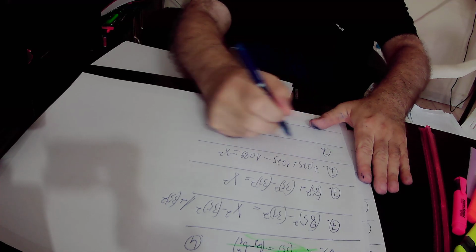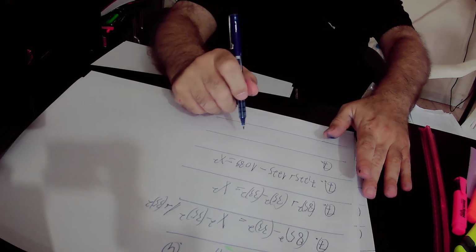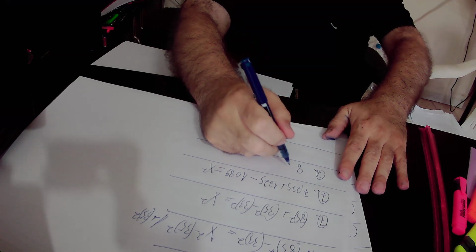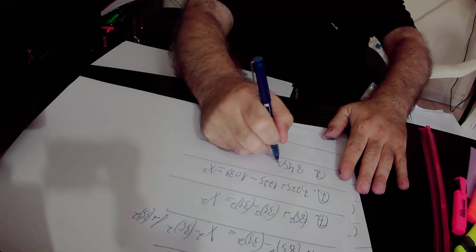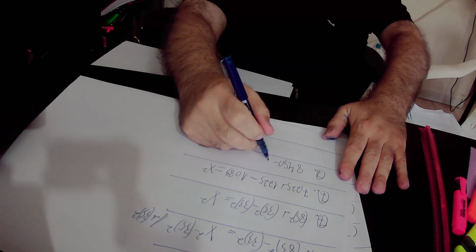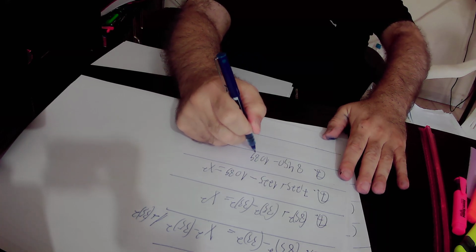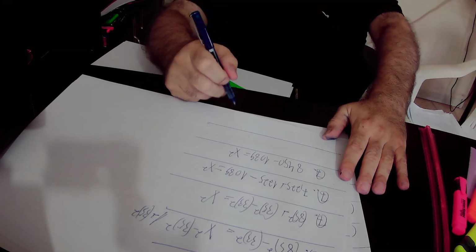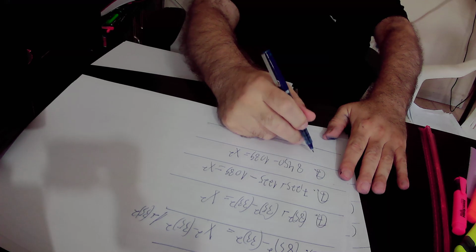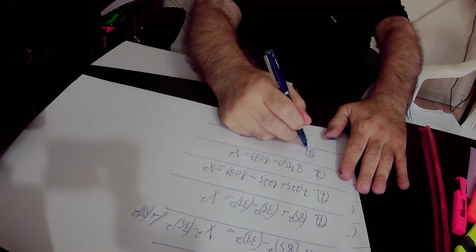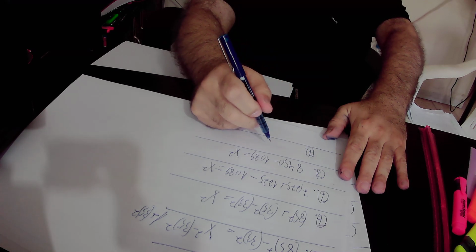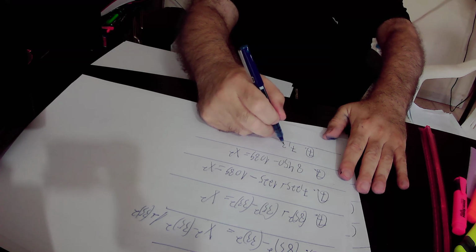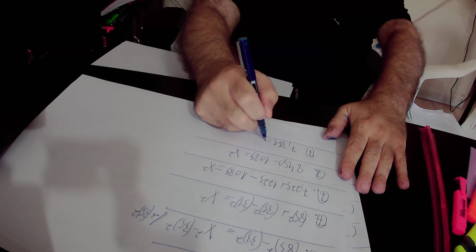Here 7,225 plus 1,225 is 8,450, minus 1,089 equals x squared. And 8,450 minus 1,089 equals 7,361. This is equal to x squared.